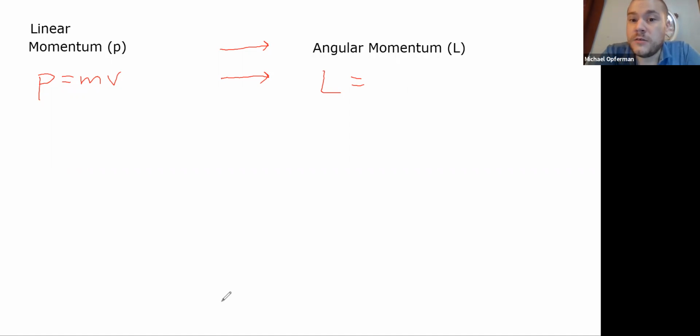And the answer is moment of inertia, I. And what's the angular equivalent of velocity, v? And that is angular velocity, omega. So it's really the same idea. It's the inertia times the velocity, whether you're calculating linear momentum or angular momentum. So the starting defining equation for the angular momentum is I times omega, moment of inertia times angular velocity.